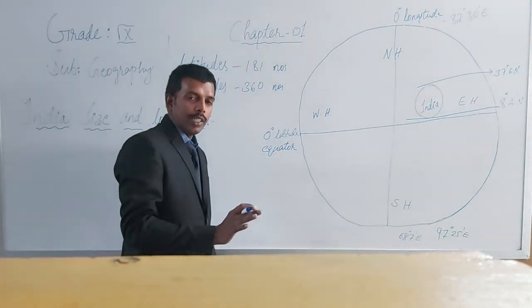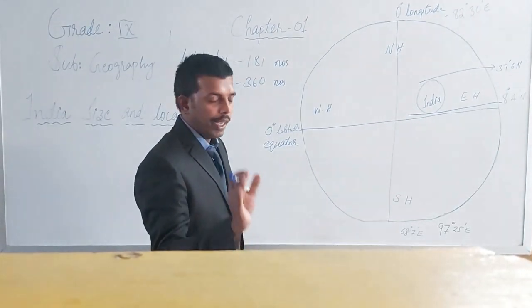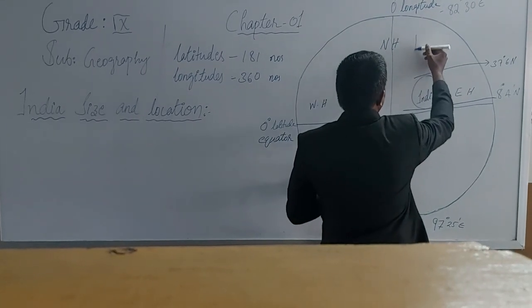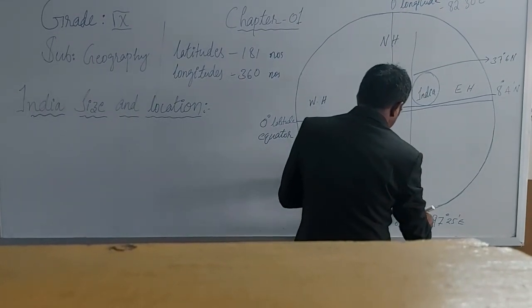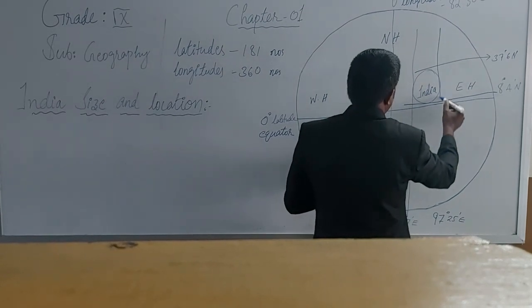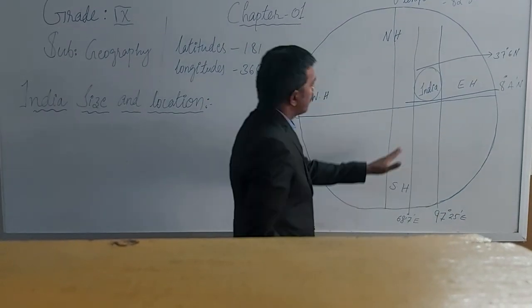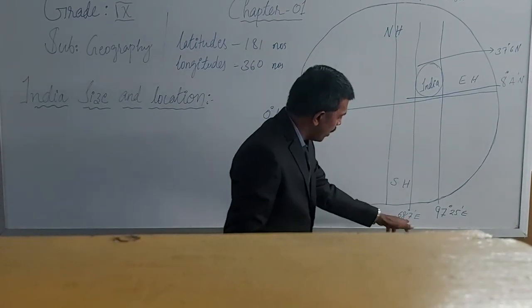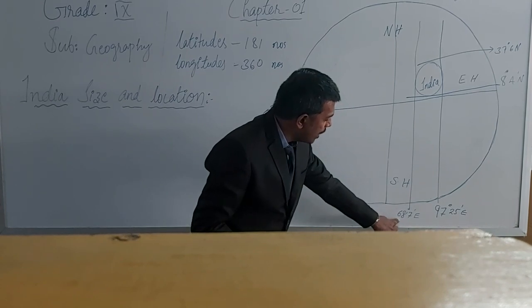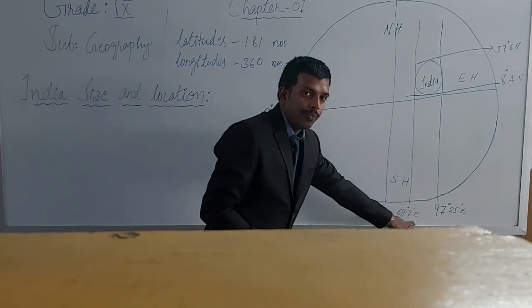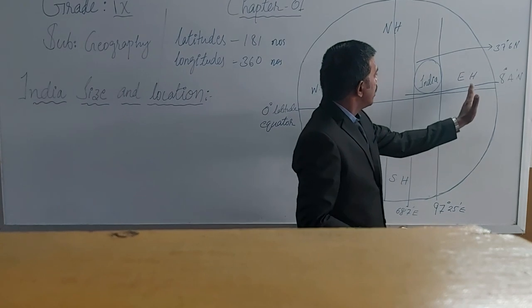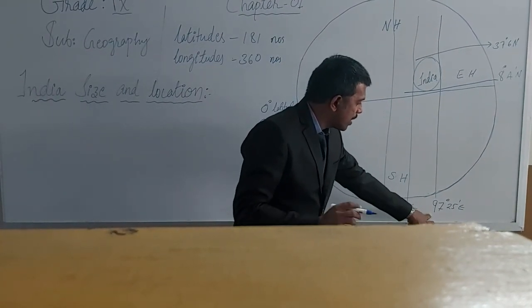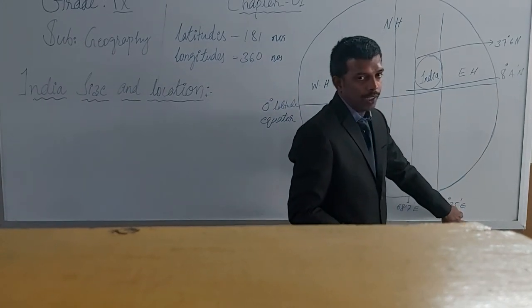After this, let us go for the longitudinal extent. The westernmost longitude is 68 degree 7 minute east, and the other side is denoted by 97 degree 25 minute east.